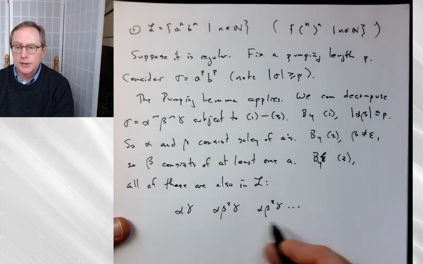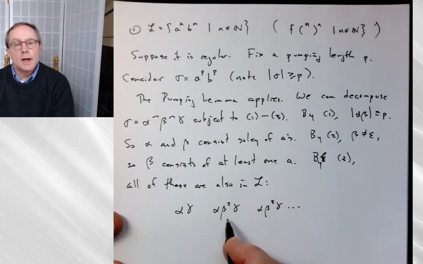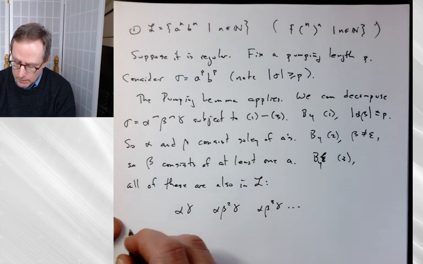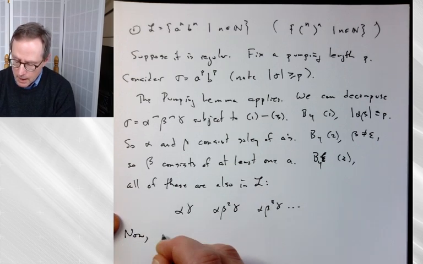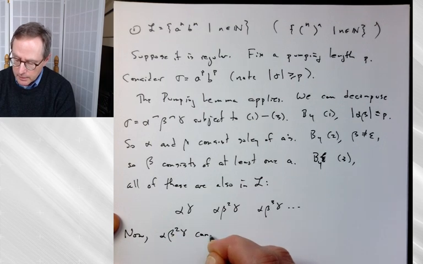I could find a contradiction in another place, but I'm going to choose to find it here. Alpha beta squared gamma can't be a member of the language.